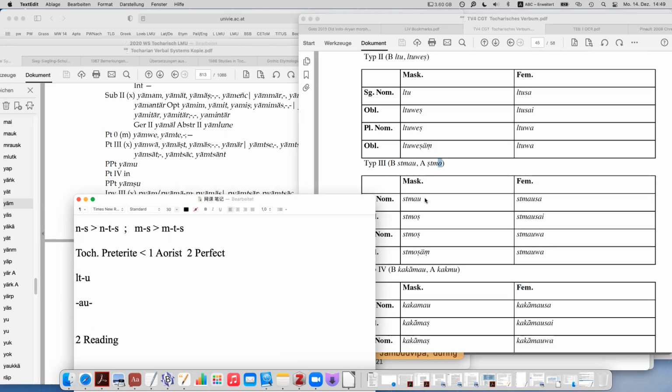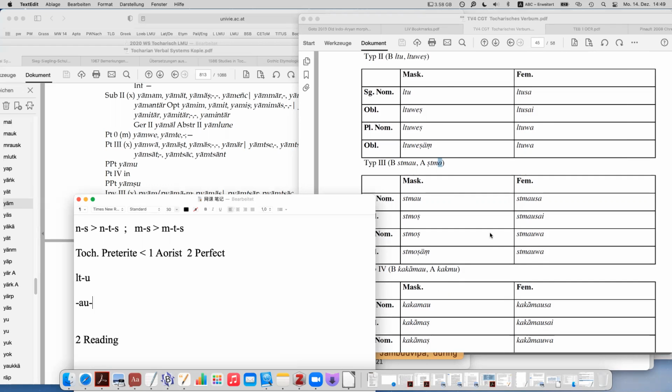So this is the reason why we have u and ow. The u goes back to roots containing no final laryngeals, but this ow ending goes back to words containing final laryngeals. And the Tocharian B ow corresponds to Tocharian A or.